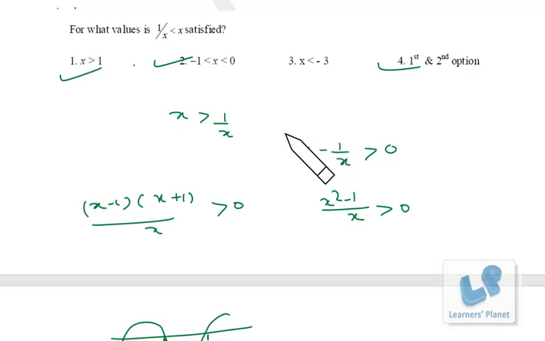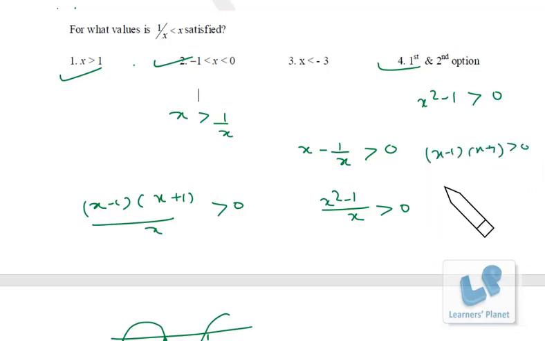Generally too many students ask why can't we do this, so I'll solve it for you. What will happen if we go for the cross multiplication? It will be x square minus 1 is greater than 0. So (x minus 1)(x plus 1) is greater than 0. In this case, you are missing the x that was there in the denominator, right? You can compare this and this.